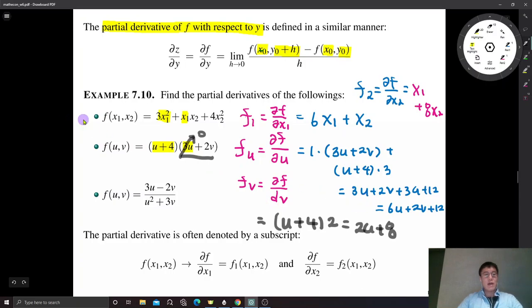Okay, so that is a partial derivative. And for this one, you may have to use the quotient rule, because we have a function of u and v on the top, and another function of u and v on the bottom. But you can find the partial derivative in a similar way.